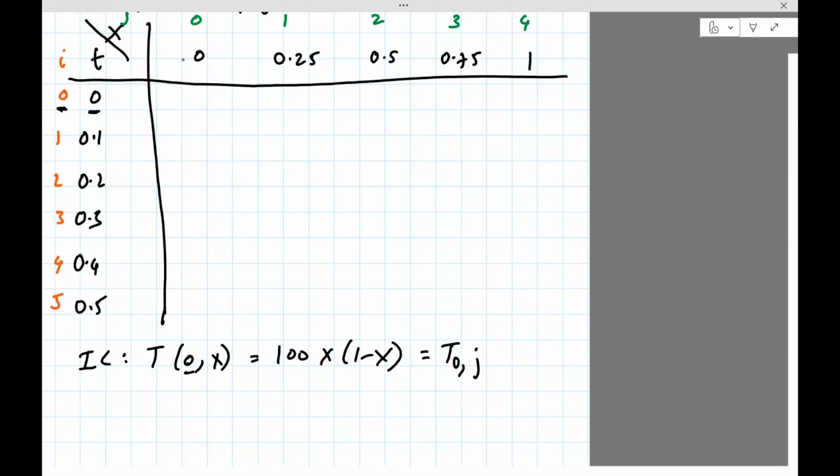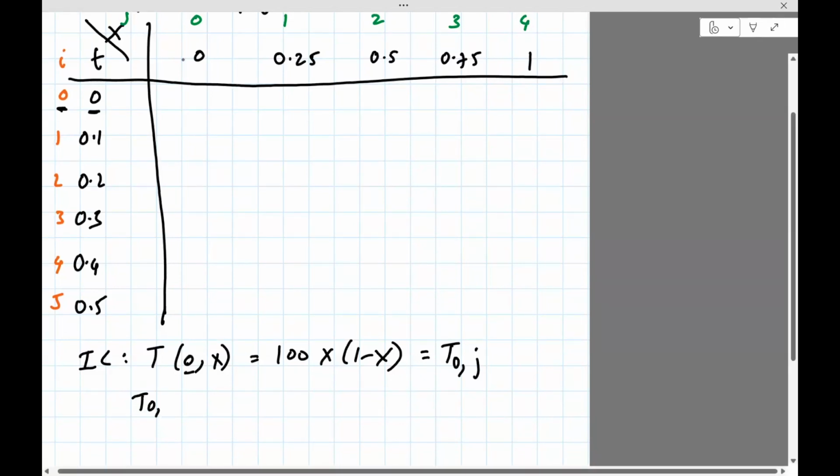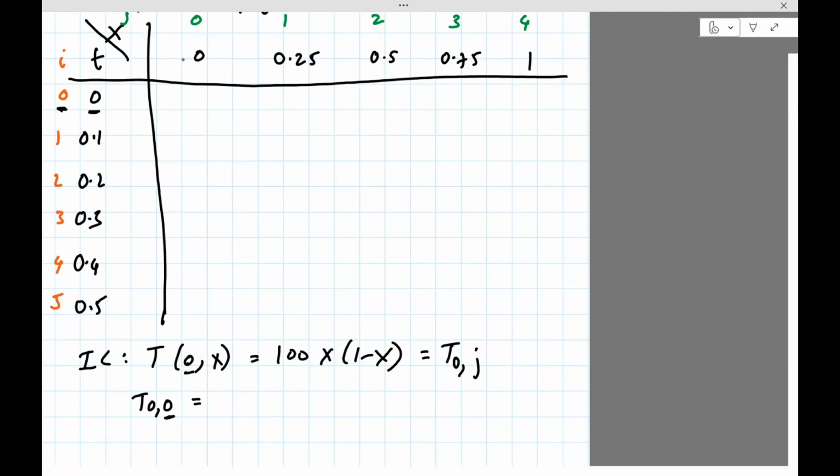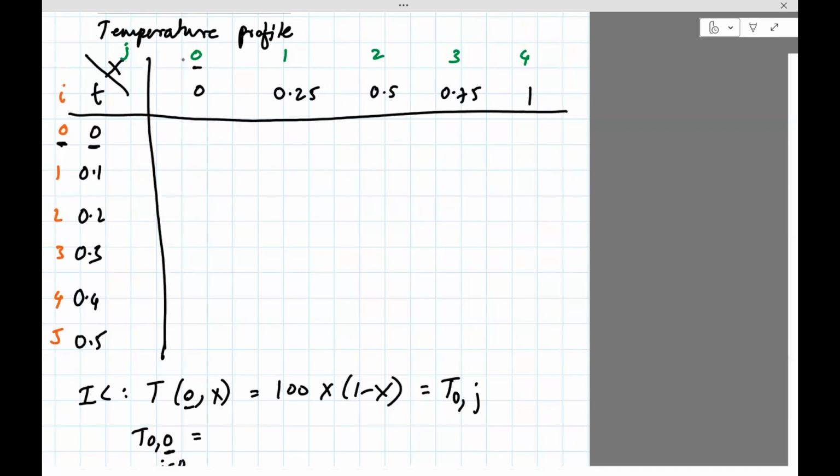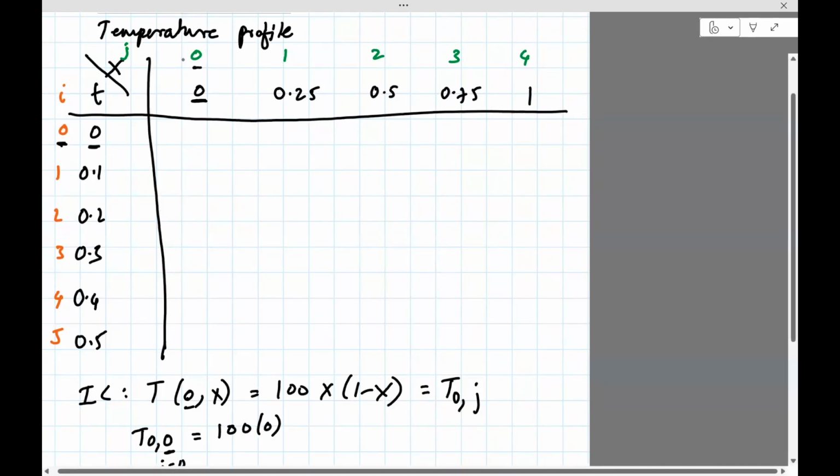T(0, 0) is going to be what? This is j equals 0, which means x is 0. So it'll be 100 times 0 times (1 minus 0), which is 0. So that was super easy, 0.